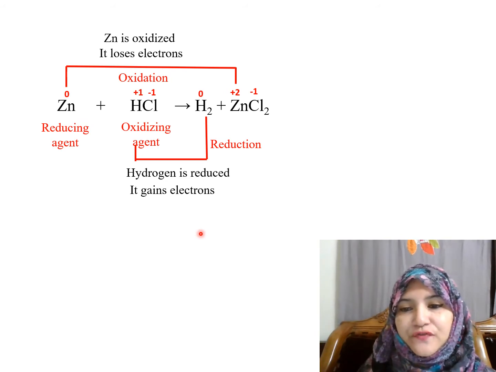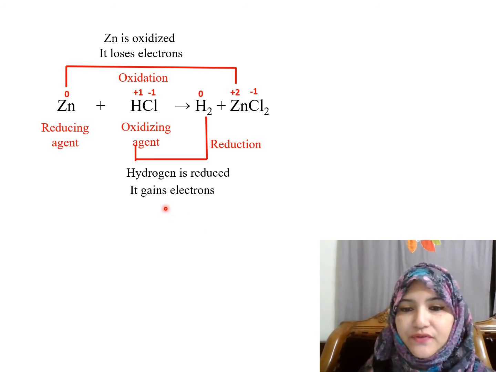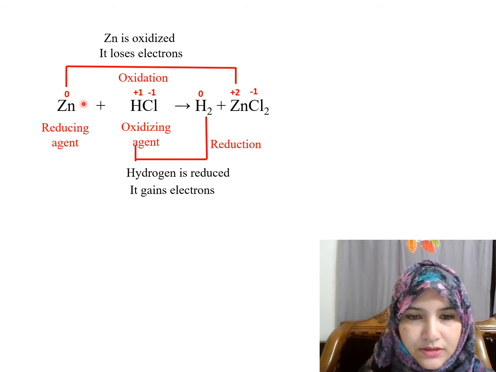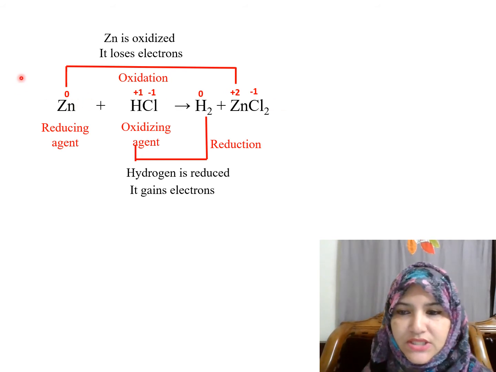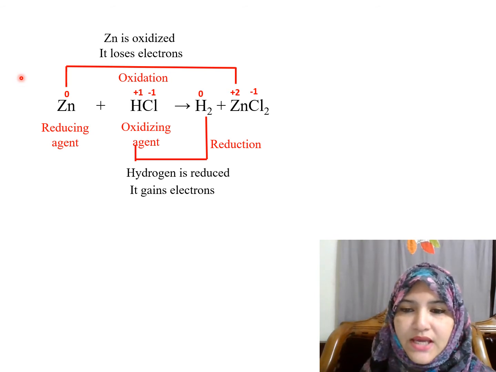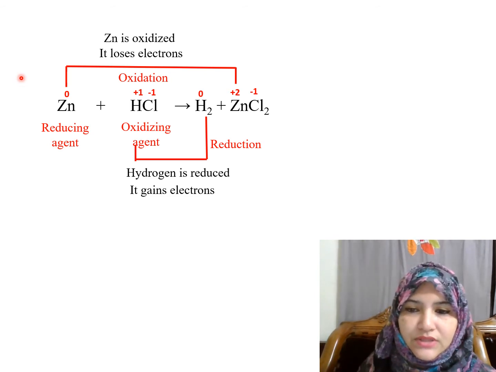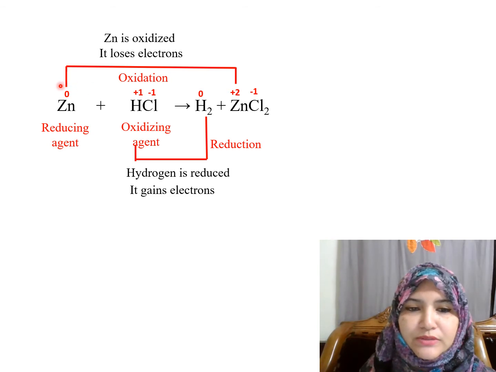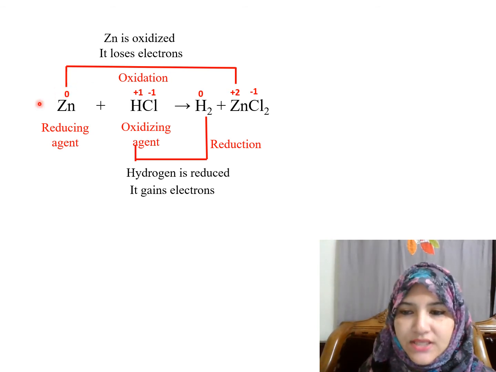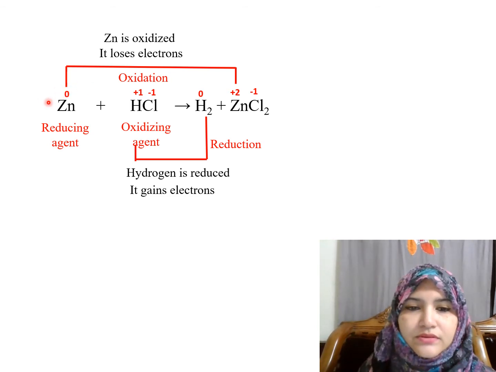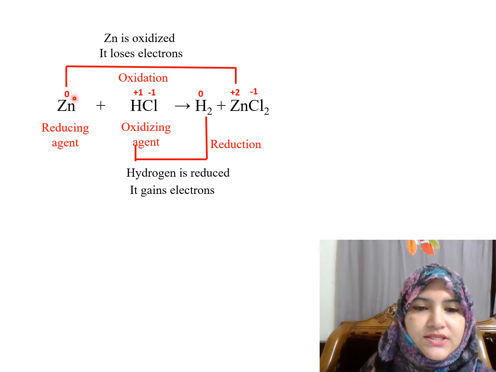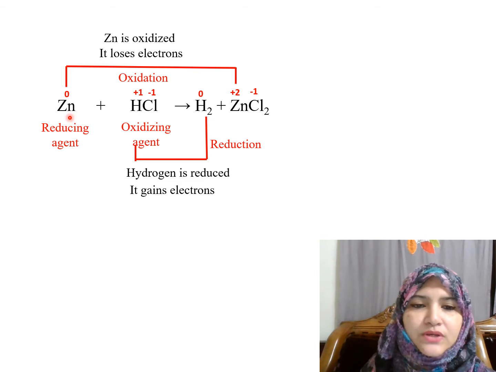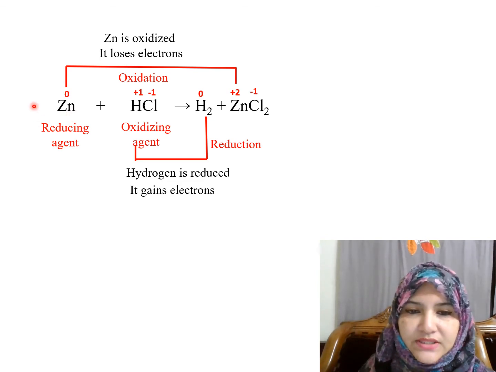Now let's find the oxidation states of everything. I have already written the oxidation numbers above the elements. The oxidation state of any pure element is always 0, so for zinc, the oxidation state is 0. This is pure elemental zinc metal.